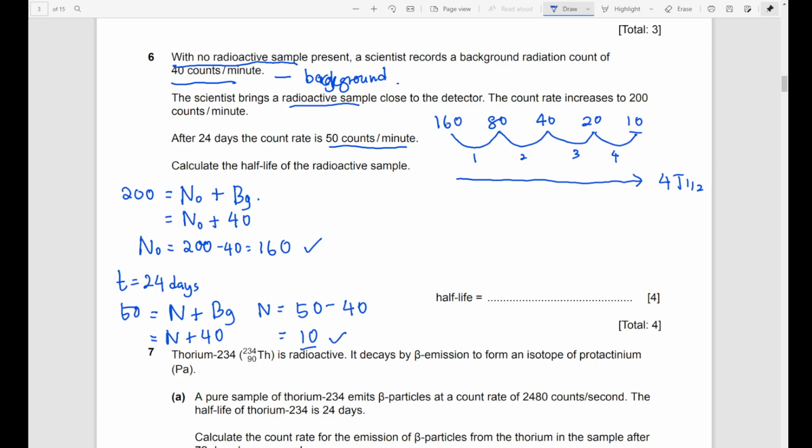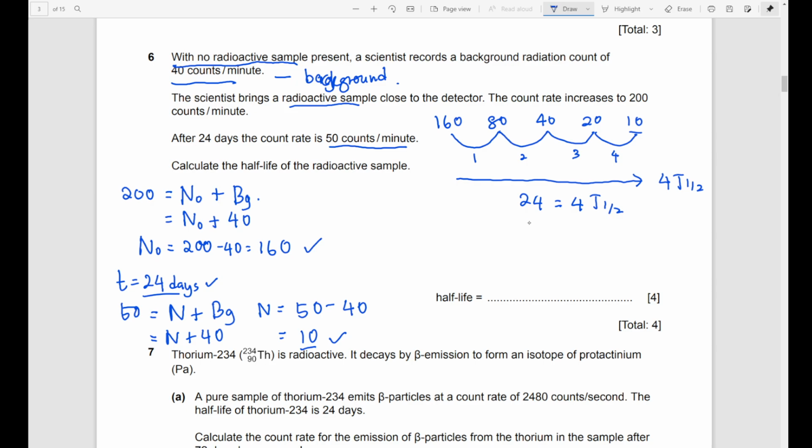What is the total time for the sample to go from 160 until it reaches 10? It is given in the question: it is 24 days. So this 24 days is equal to 4 half-lives.